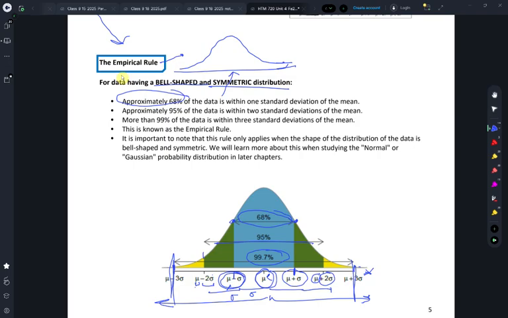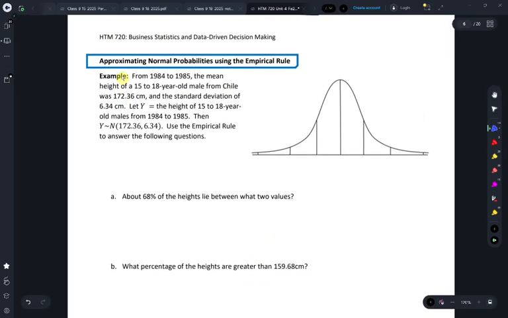To throw a little bit more light on this, I have an example here. From 1984 to 1985, the mean height of a 15 to 18-year-old male from Chile was 172.36 centimeters, and the standard deviation was 6.34 centimeters.